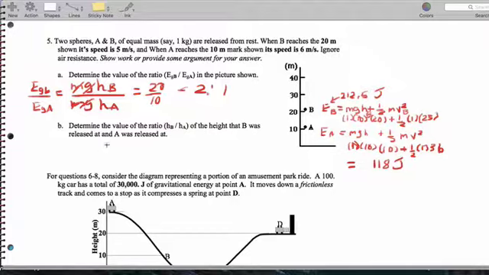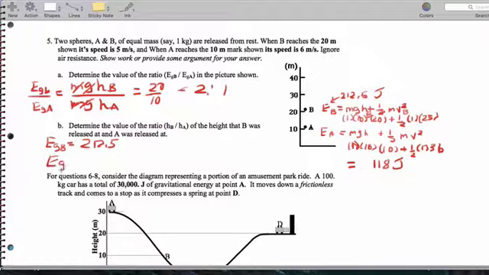So when we get the ratio of energies, let's be clear, this is the total energy that we have. When we're at our maximum height, we only have gravitational energy for B equal to 212.5 joules.